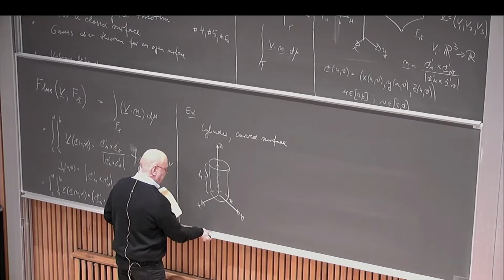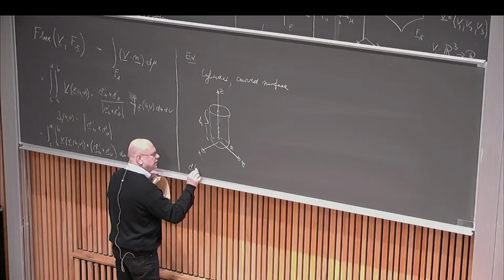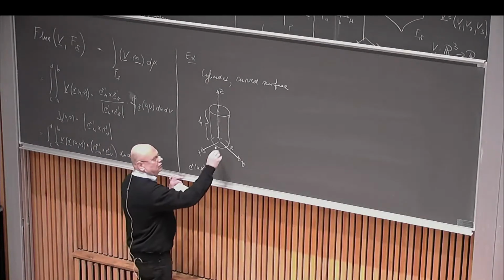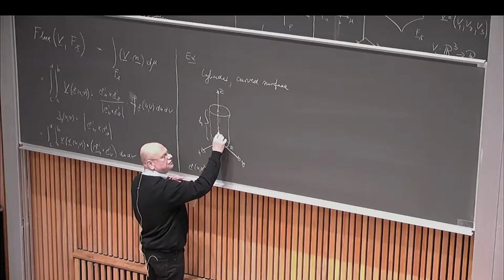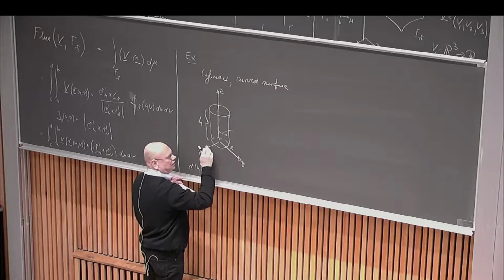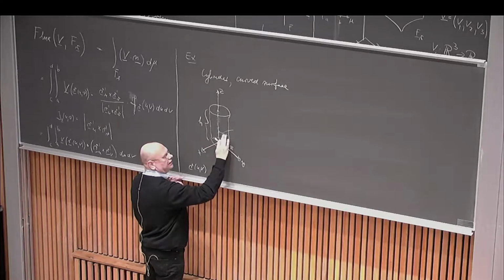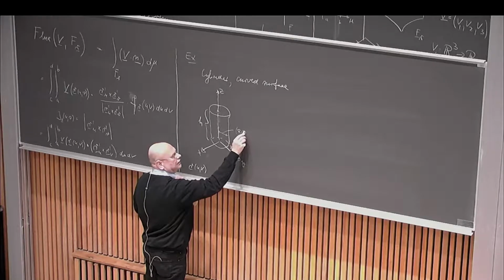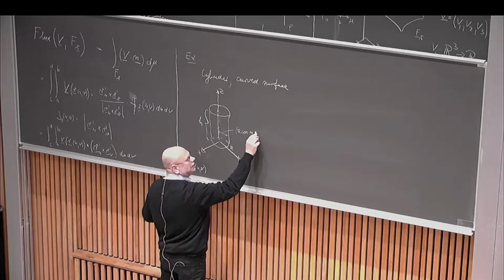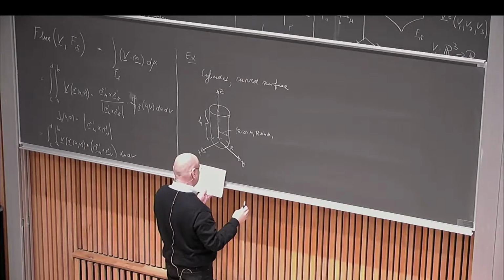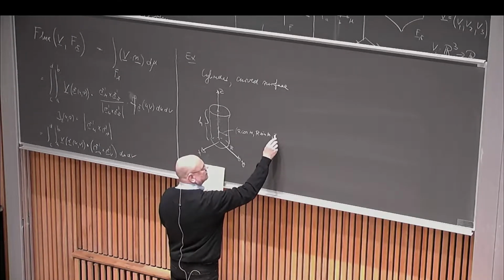Now, the parametric representation, maybe I can write it here, R of u, v, is, well, we're looking at the curved surface, so say if you have a vector describing this, and you use the angle from the xz plane to this vector, then this vector for a point on the surface is r cosine u, r sine u, and then some z function here.